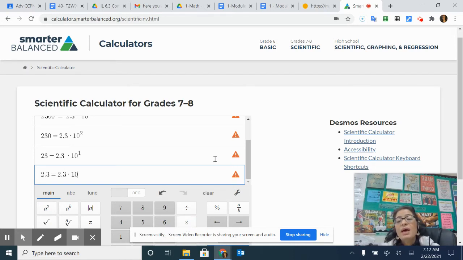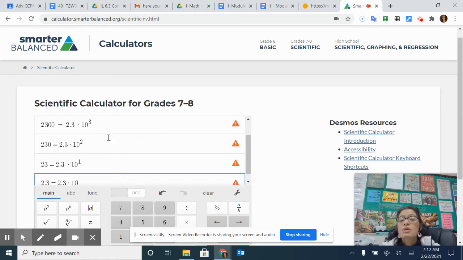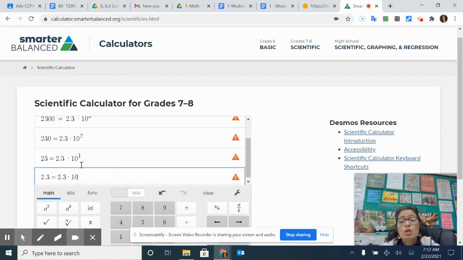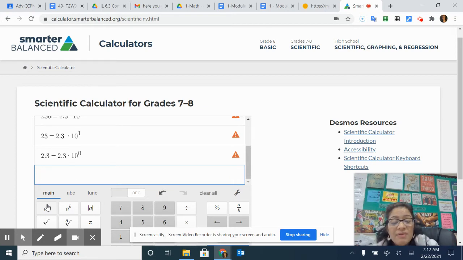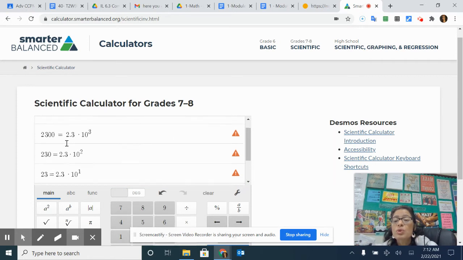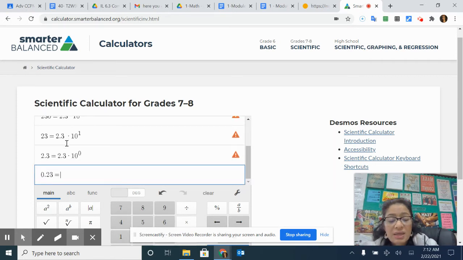Now let's look at the patterns. What do you see on the exponent? We started with 3, 2, 1. What's the number after 3, 2, 1? Hopefully you got it. So it'll be 0. Now my big question is, what will happen if I have 0.23? I notice the coefficient is still always 2.3. So I still have to put in 2.3 in scientific notation.